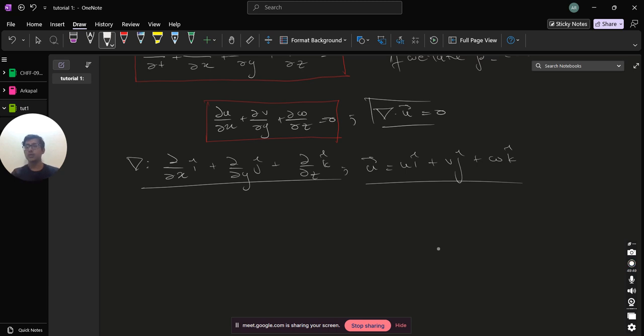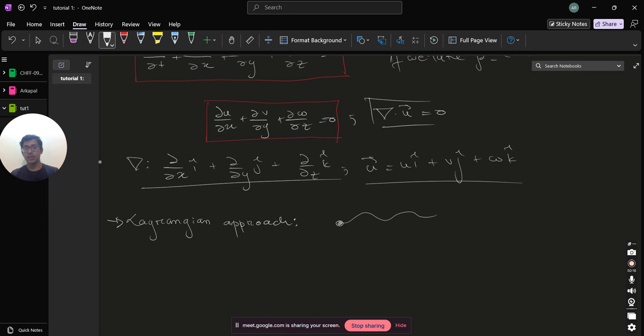The Lagrangian approach follows the fluid particle along its path, and it notices the change of this particle.